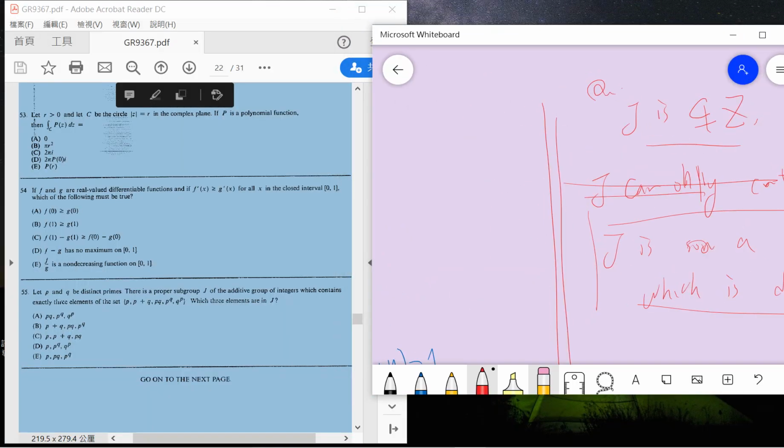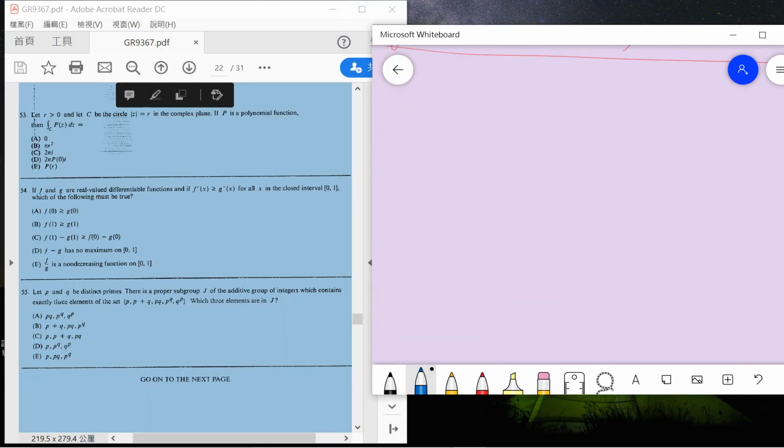Okay, so once you have this basic fact, then we can start to solve this.